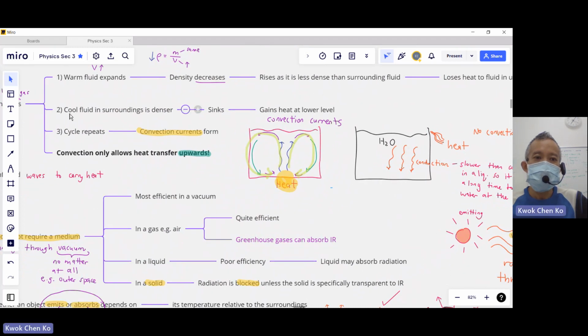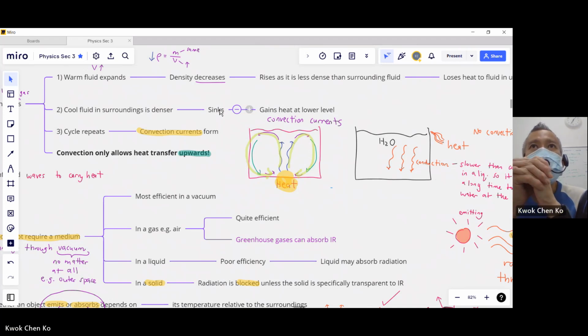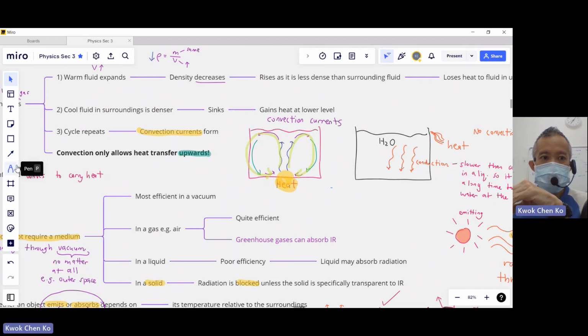Then you continue the story. The cool fluid is denser because it's cooler, so it sinks. So this is the rising part and the sinking part.